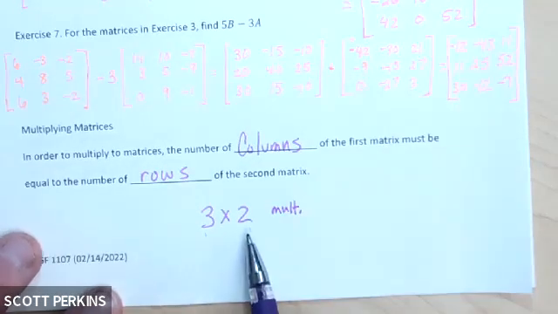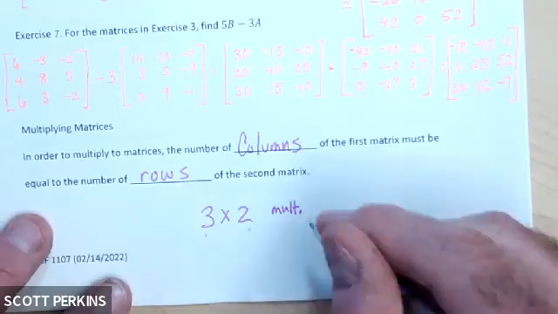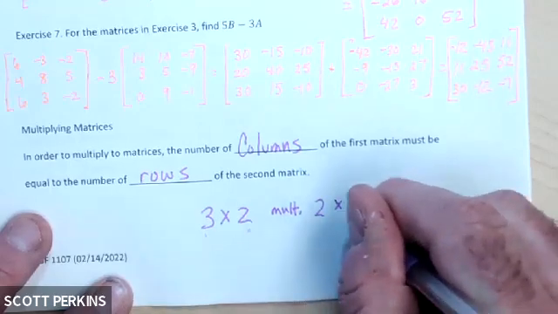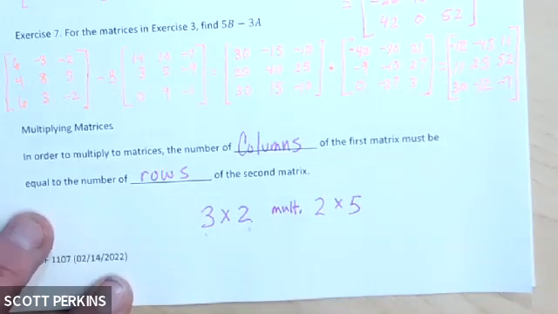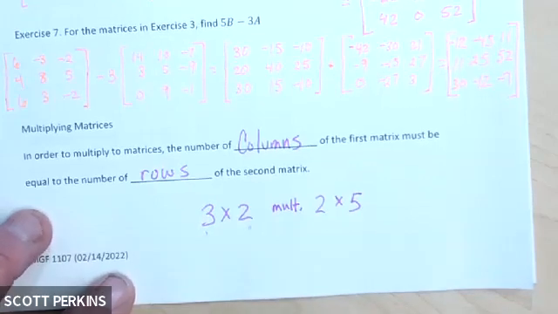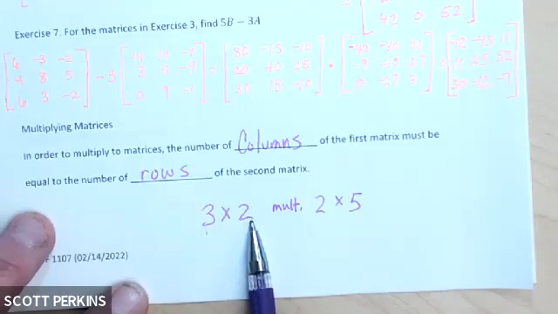The number of rows of the second matrix has to match the number of columns. So I could multiply by something like a 2 by 5 matrix. It's important when you label your matrices, it's rows by columns. That's always the order that you're going to be given. If I tell you something is a 5 by 2 matrix, it means it's 5 rows by 2 columns.